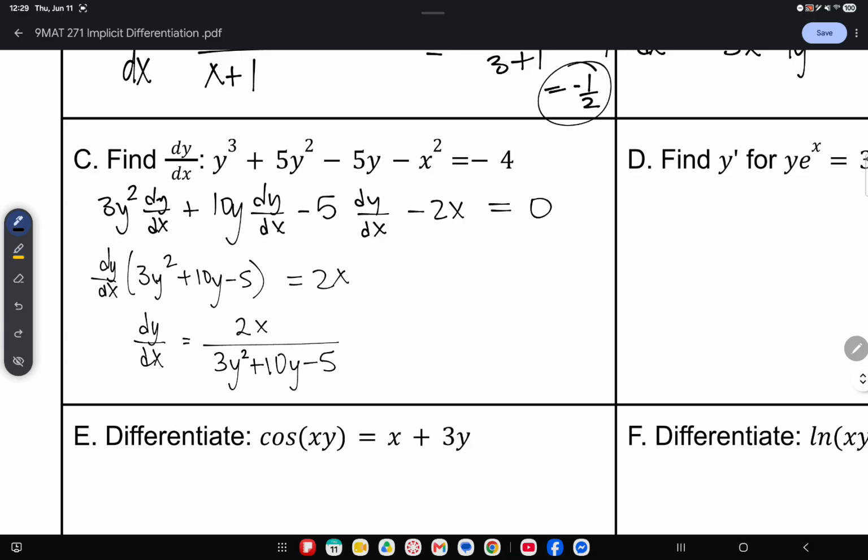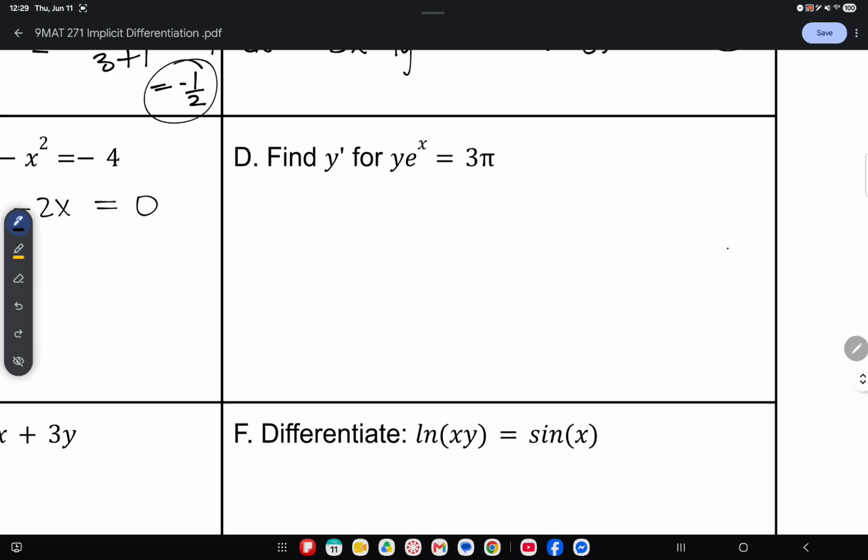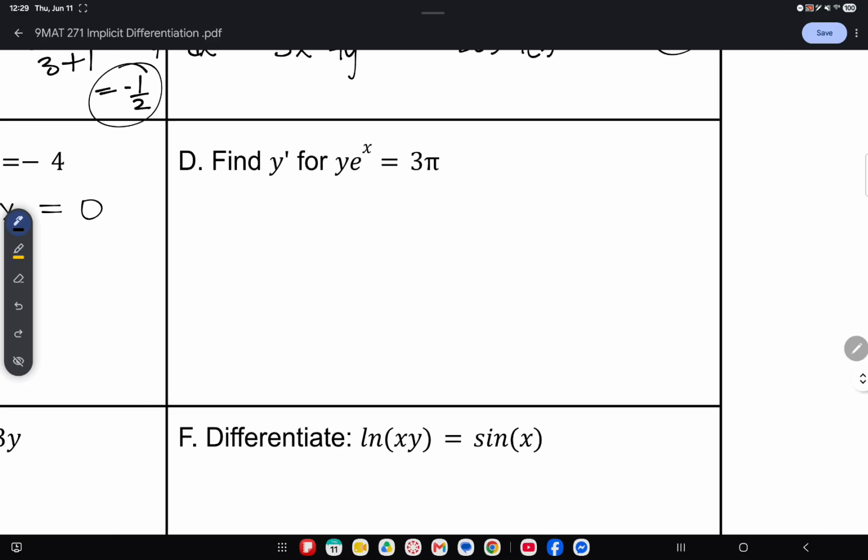All right, let's do another one. So find y prime for y e to the x equals 3 pi. So product rule here, left d right plus right d left. And then I will just subtract over. And my primes look like 1s.